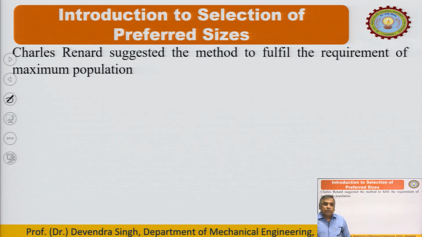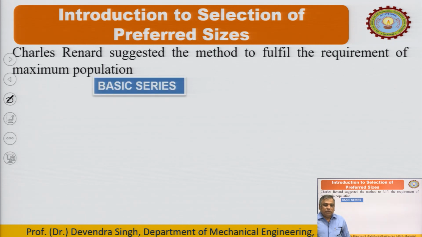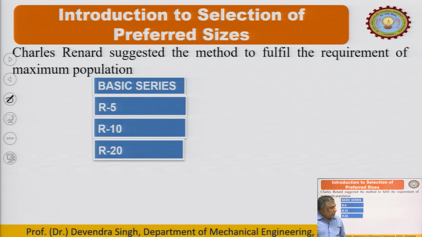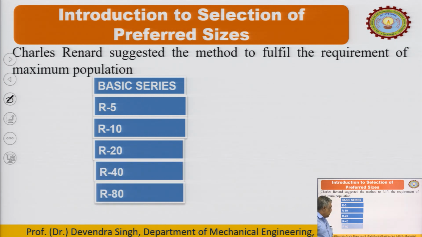He was a French balloonist, and these basic series are R5, R10, R20, R40 and R80. On the basis of these 5 series we can build up a series of the sizes which should be designed or produced to fulfill the requirement of the population of that area.